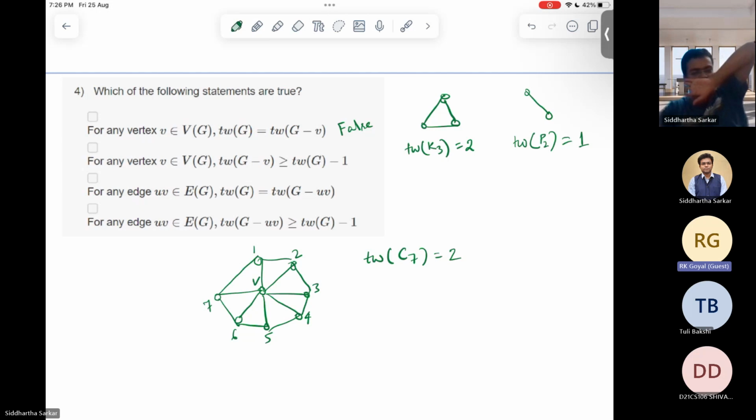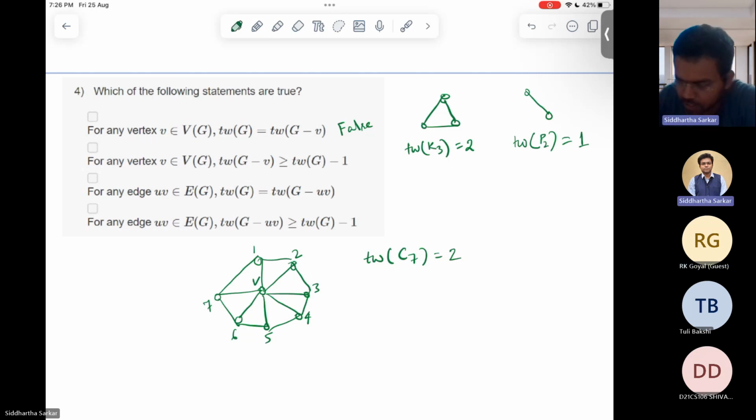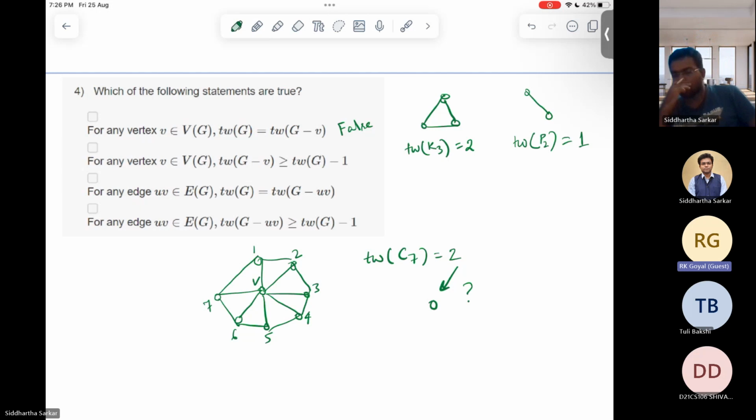It is not necessary that if I remove a vertex from the graph, then at most I would be reducing the tree width by an amount of 1. Is your tree width decreasing by more than 1? Tree width is becoming 2 to 0? No, it is not becoming 2 to 0, it remained the same.